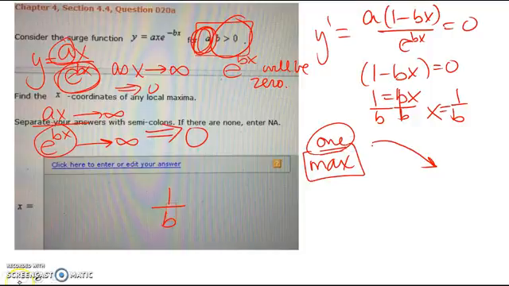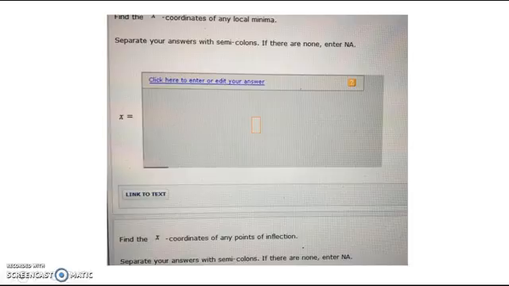Okay? So if we look at the next page, what we're going to find is there are no minima, and now we want to find any points of inflection. So here we need to take that first derivative and get ourselves a second derivative. So what I did was I rewrote it to look like this.